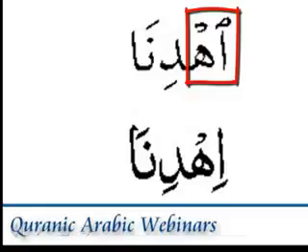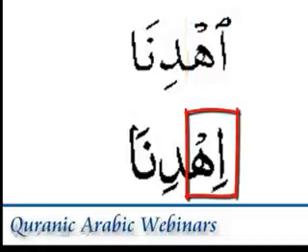In the grammatical sense, if you know this is an imperative verb, and there are certain rules, we know that this should be read with a kasra. In the Majidi script down below, same thing again, they've dropped the wasla sign and put in the kasra for us, so that we don't need to worry about the grammar and understand how it works.